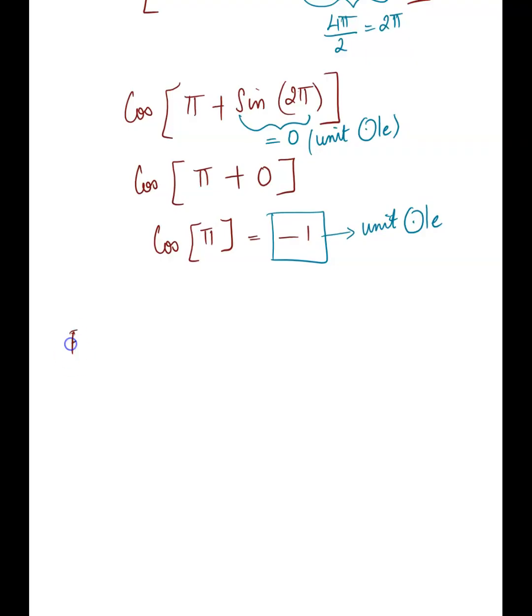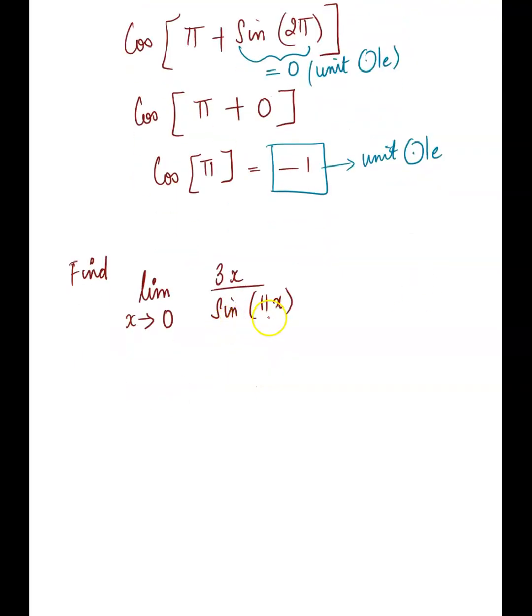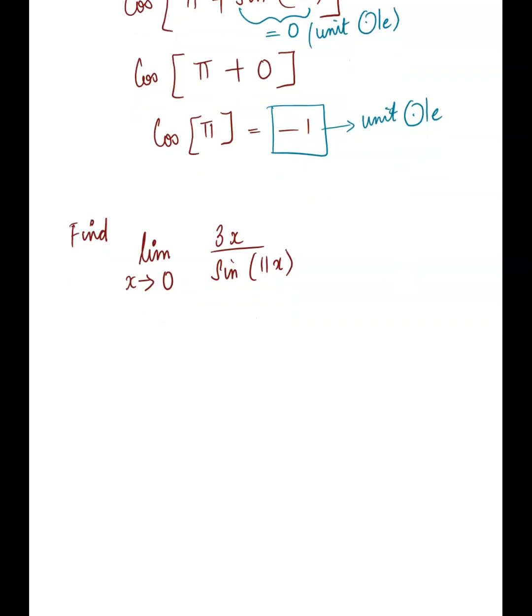How do you find, in the next problem, the limit of 3x over sine 11x as x approaches 0? You see the sine 11x and x approaches 0, you must be reminded of that particular rule we saw about sine theta over theta.